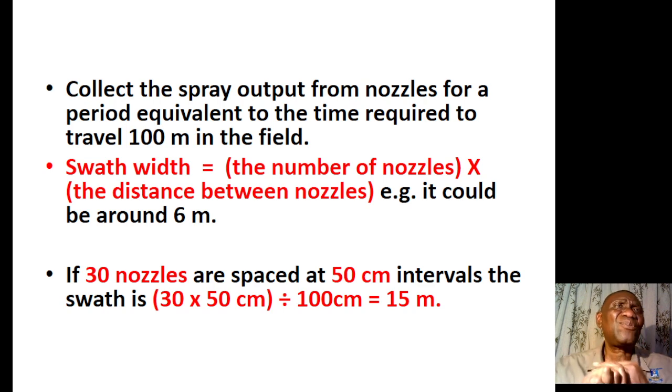Now, in order to get the swath width, you have to count the number of nozzles. You also need to measure the distance between each nozzle. Then the product of those parameters, if you multiply them, gives you the swath width, which is usually around 6 meters.